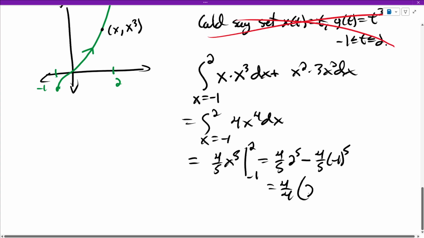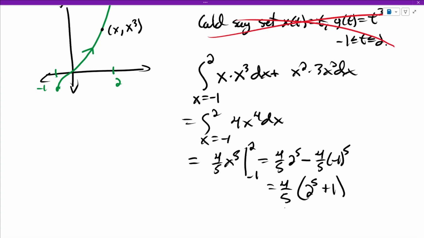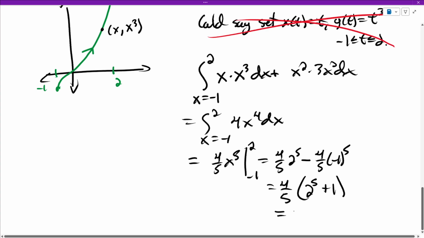So this is 4/5 times 2 to the 5th, and there's an odd number of negative signs, so that's going to become a +1. 2 to the 5th is 32. 32 plus 1 is 33. 4 times 33 is 132, I think. So you'll have to check me. I'm pretty sure it's 132, though.